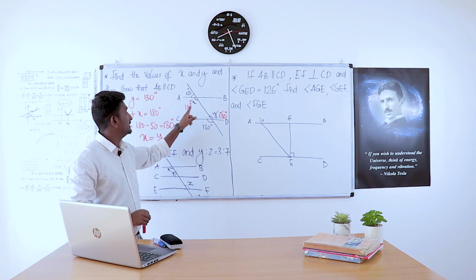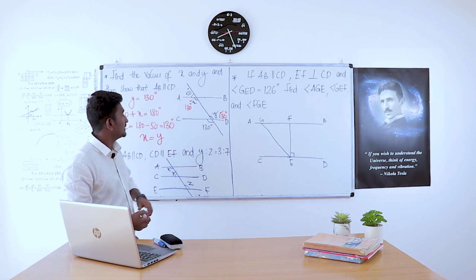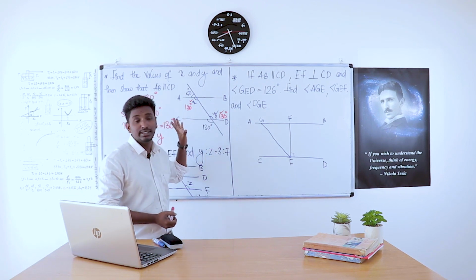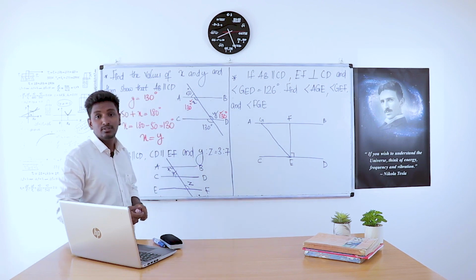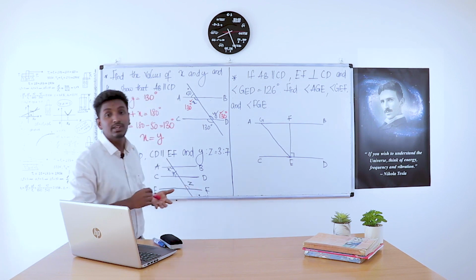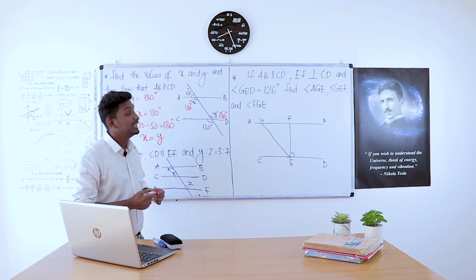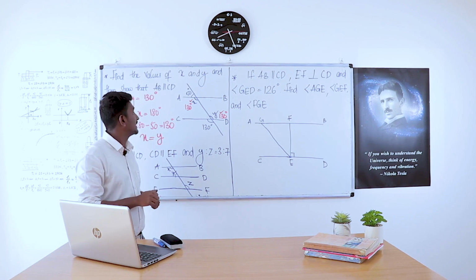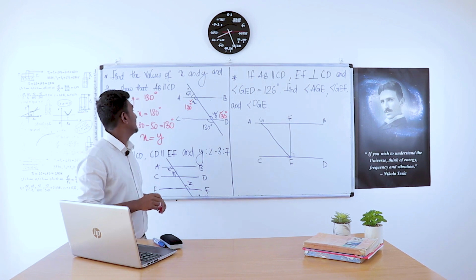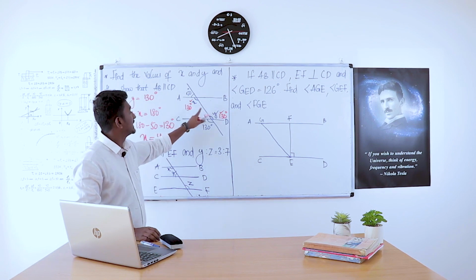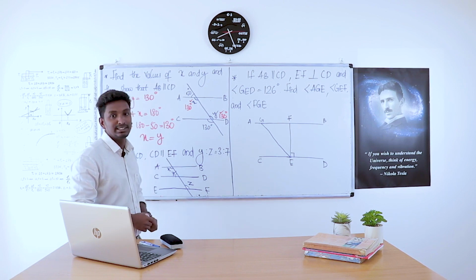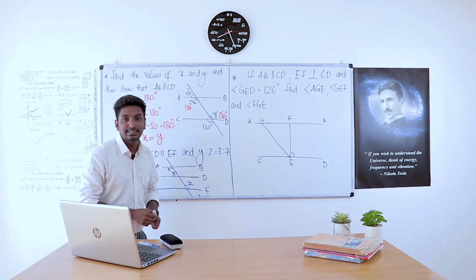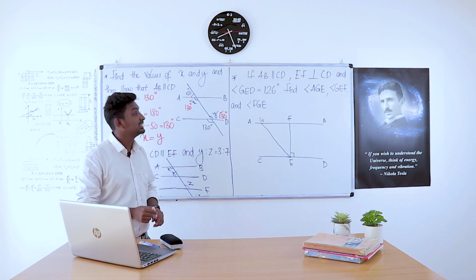Clear? First we find x and y. Here y is vertically opposite to 130 degrees, therefore y is 130. Then angle 50 and x form a linear pair. The sum of the angles in a linear pair is 180 degrees, therefore 50 plus x is equal to 180 degrees. So x is 180 minus 50, that is 130 degrees. Both x and y are 130 degrees each, and they lie in the position of alternate interior angles.